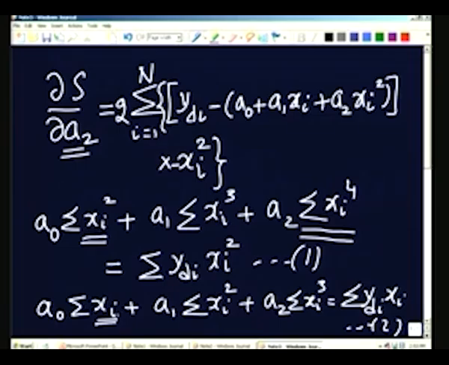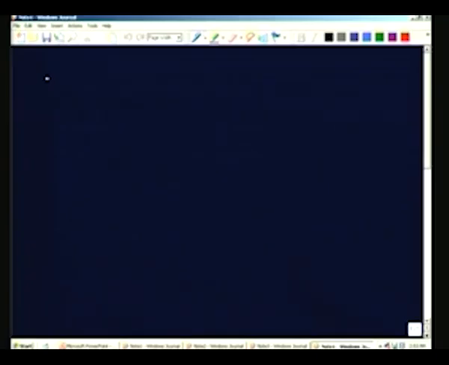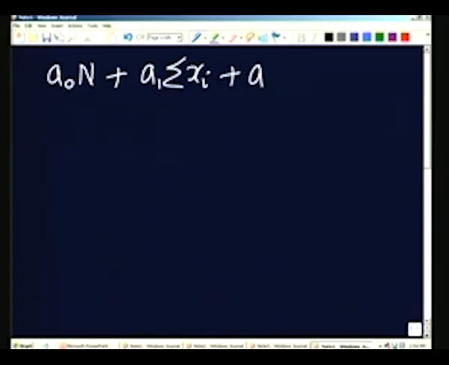So, similarly, we can write down the third normal equation, which is obtained as A naught into sigma 1, or this is equal to n times A naught plus A1 sigma x i plus A2 sigma x i squared is equal to sigma y i.